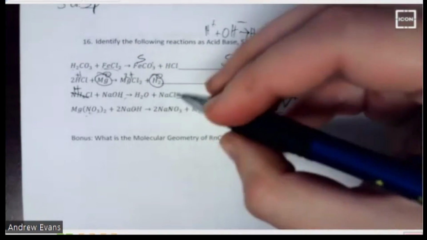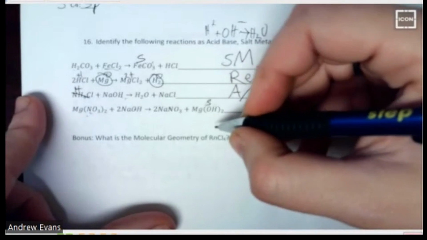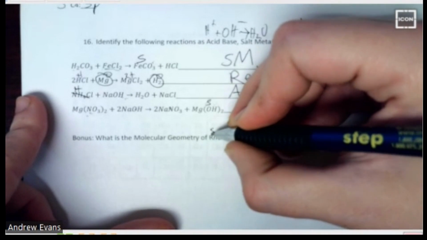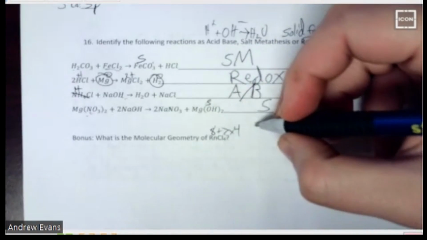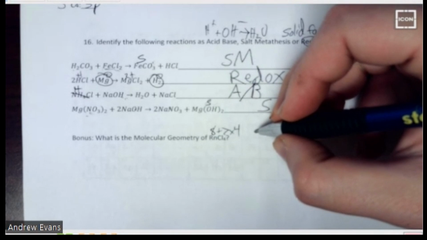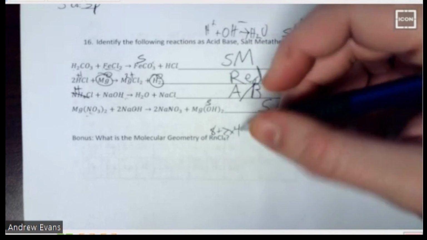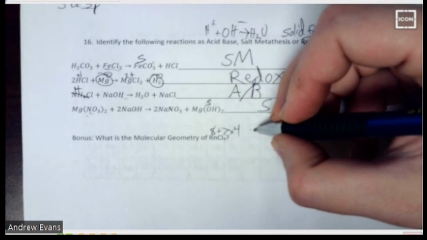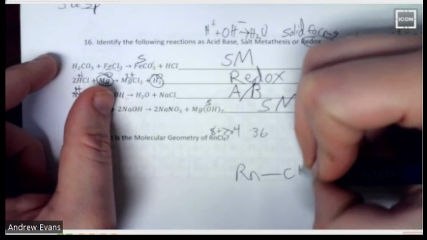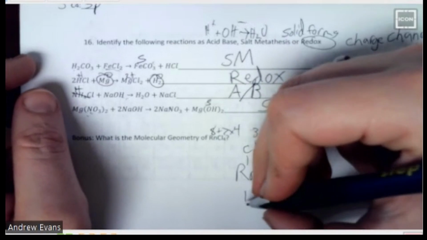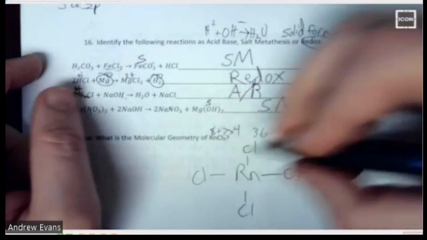And the bonus, this was one we did in the lab. So that's 8. 7 times 4, that makes that 28. So 28 plus 8 is 36. What you end up having, radon, chlorine, chlorine, chlorine, chlorine.